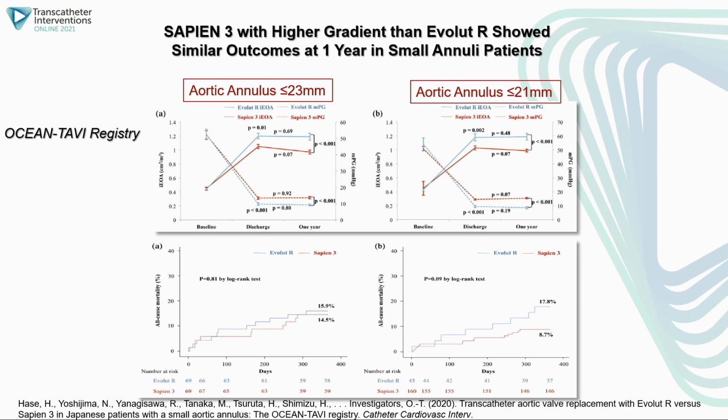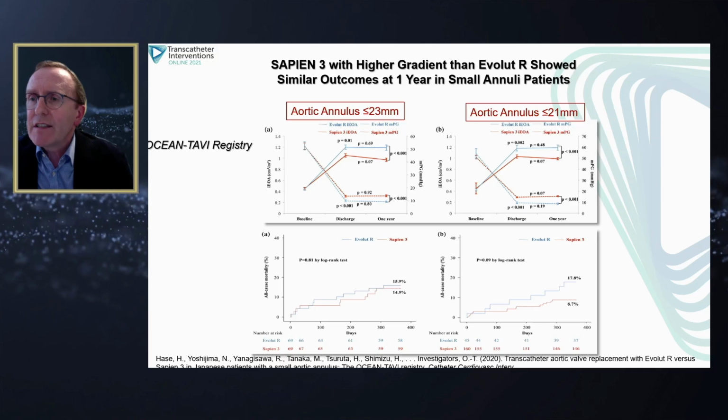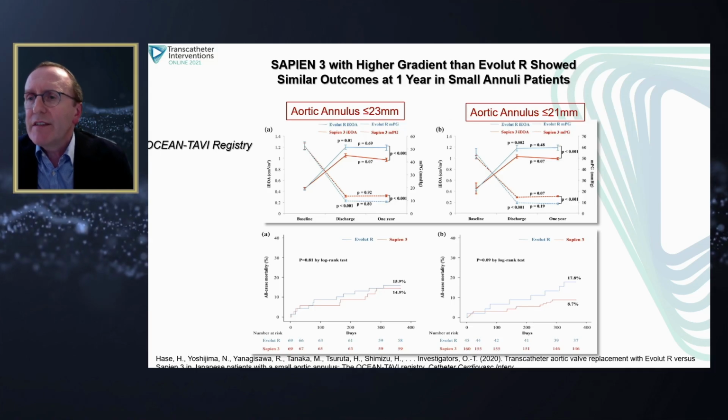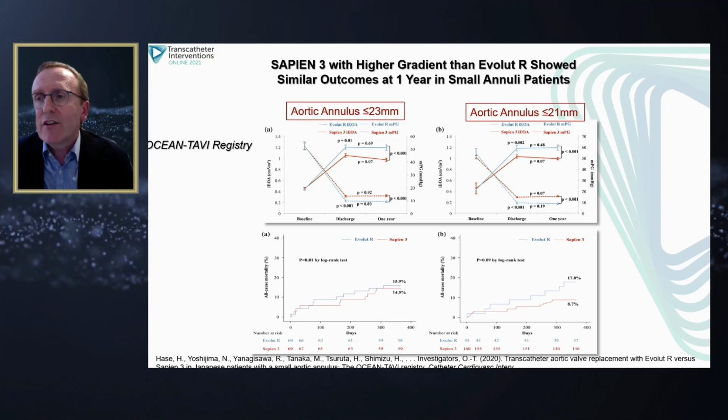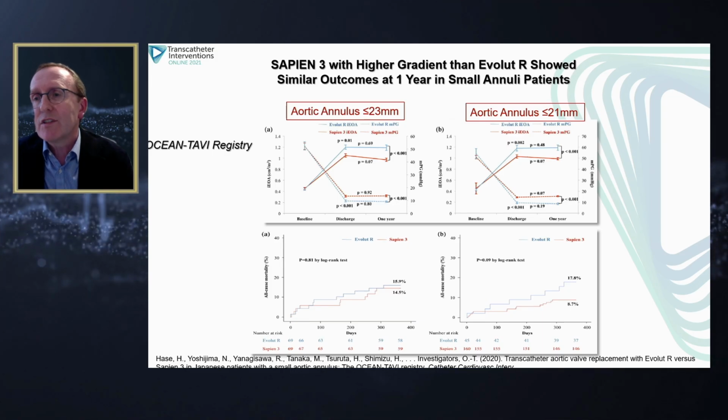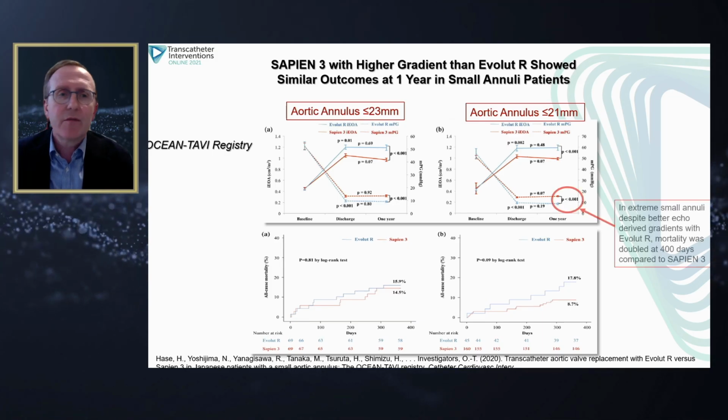It was a registry study, and on the left you can see that the gradient is higher with the Sapien, and this is even more marked in the patients with a very small annulus of less than 21 millimeters. And yet, in the lower panel, you can see that actually the survival in these patients did not map with this residual outcome. And in fact, despite this change in echo gradient, the mortality was higher with the Evolute than it was with the Sapien.